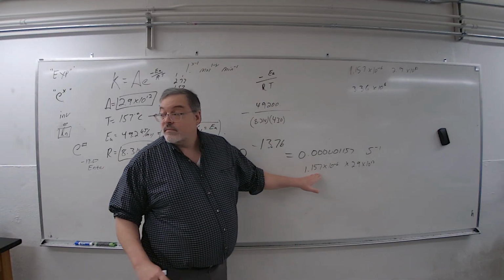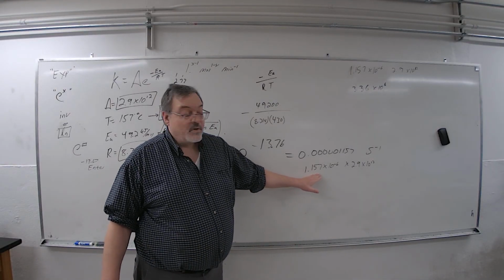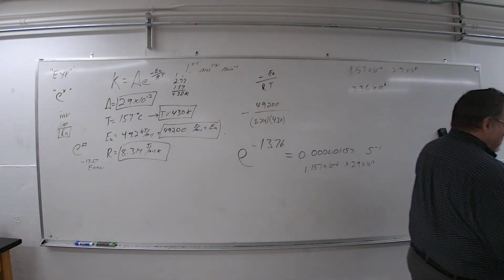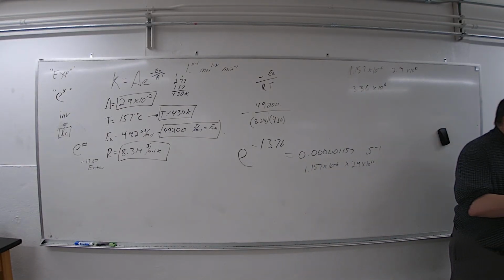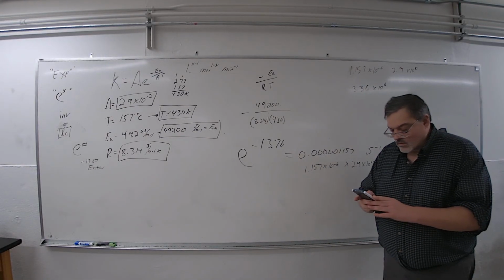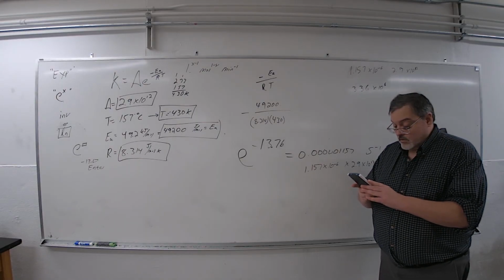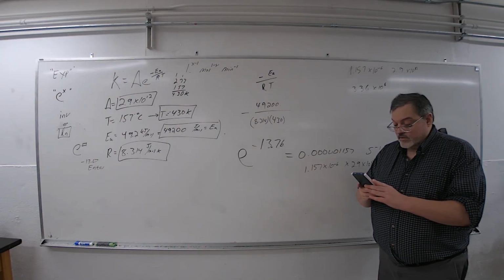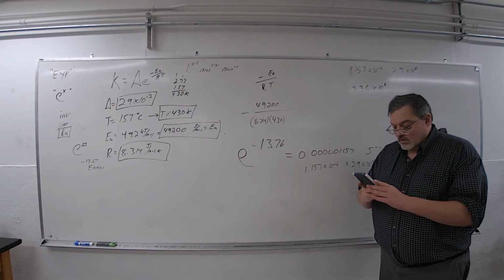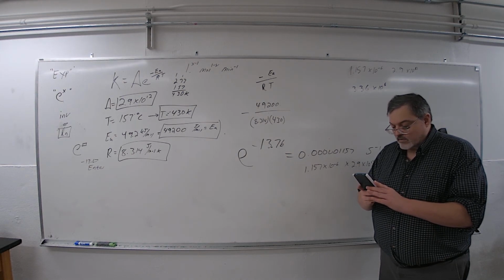What did you get for this? One of you said you got something different than me. Negative 13.76.